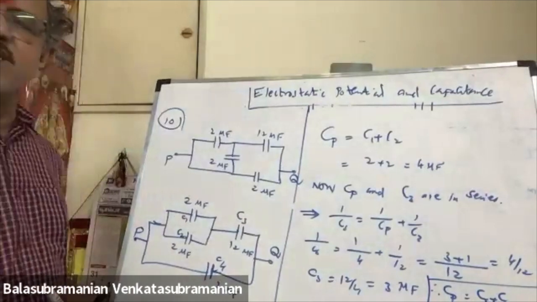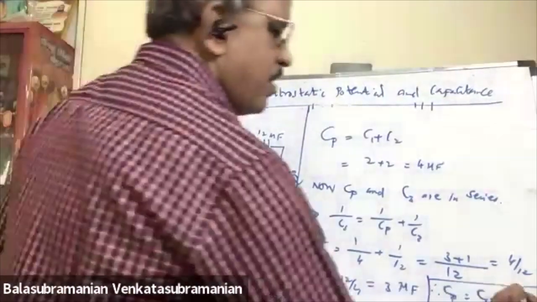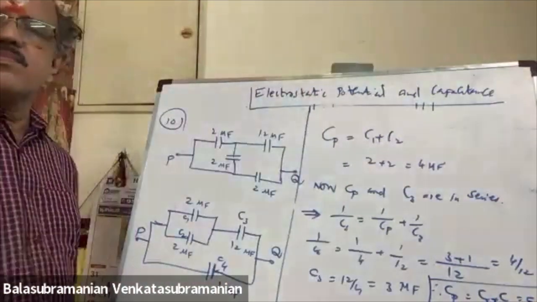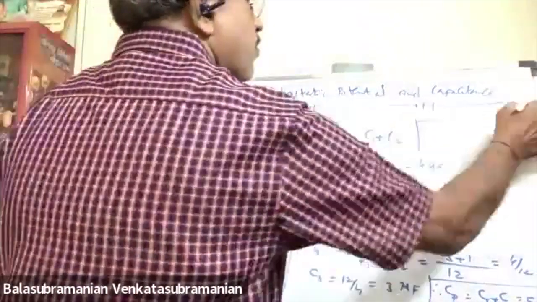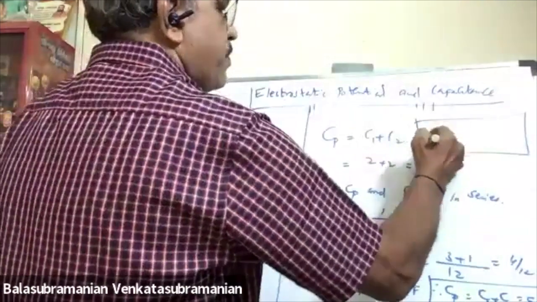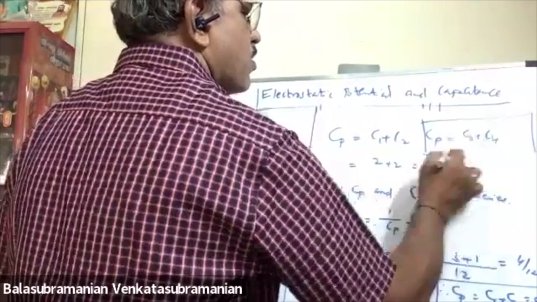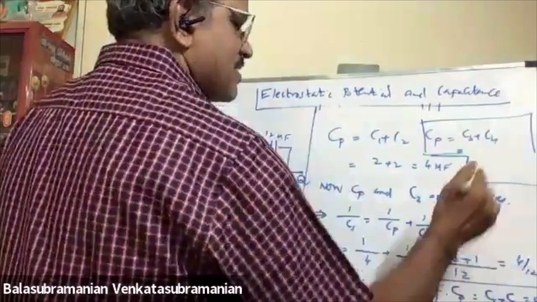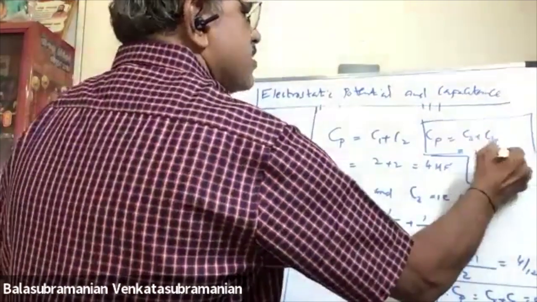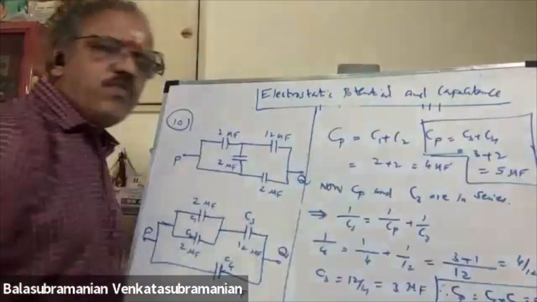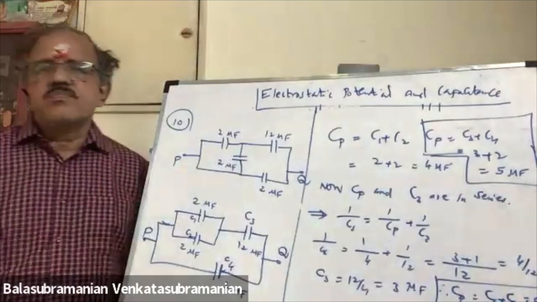So the total value will be 5 microfarad. Cp is equal to Cs plus C4, Cs is 3, C4 is 2, so totally 5 microfarad value.